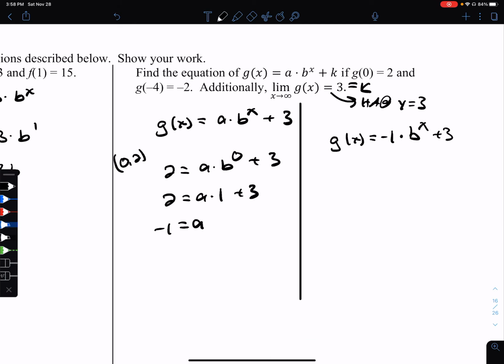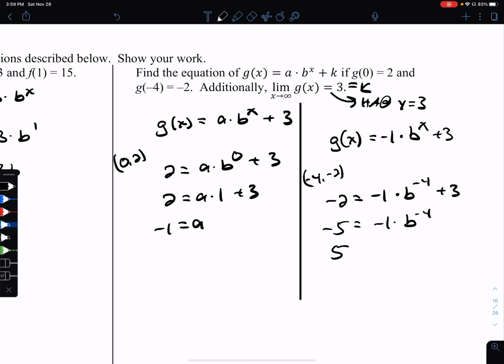So need to figure out what b is. I'm going to use the other ordered pair I was given, -4, -2. So -2 equals -1 times b to the -4 plus 3. Going to subtract 3 from both sides.